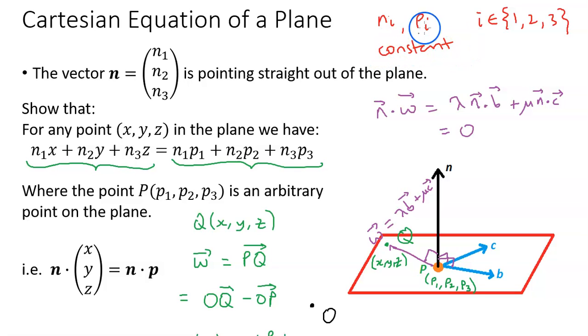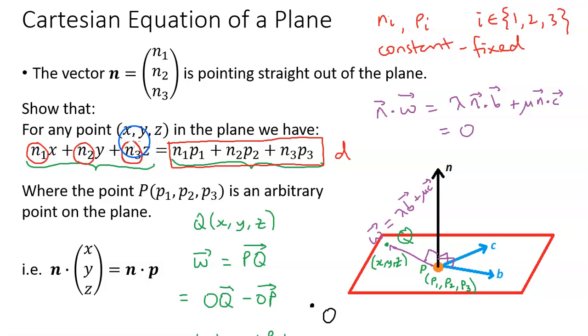They're not variables, they're fixed values. And so this n1 p1 plus n2 p2 plus n3 p3 is actually just some fixed constant number, which we can call D. So we have n1x plus n2y plus n3z is equal to D.